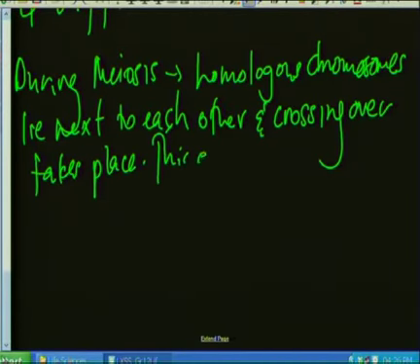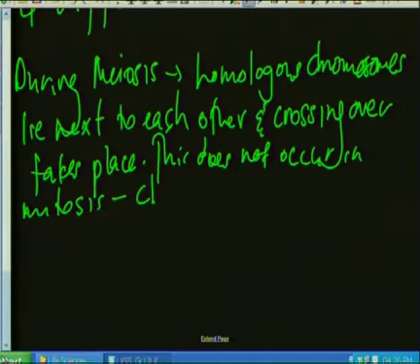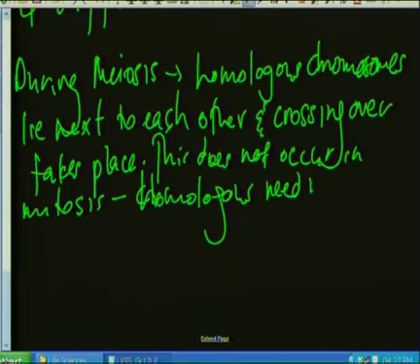This does not occur in mitosis. The homologous chromosomes need not lie next to each other.